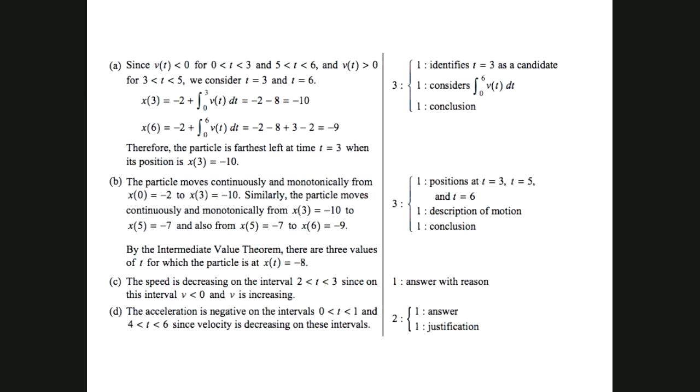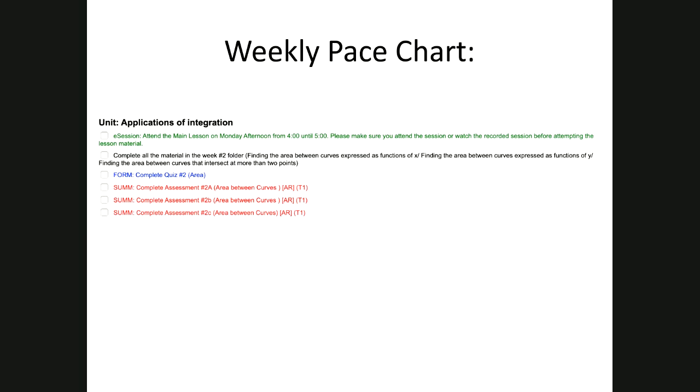So last week, part of the assignment was being able to do particle motion types of problems. Any questions on last week's material? No, it made sense. Okay. This week, we're going to be finding area between curves. Fairly easy stuff, when you think about it.